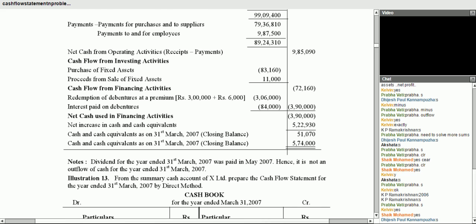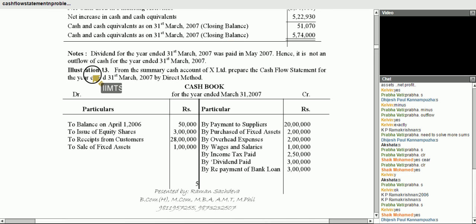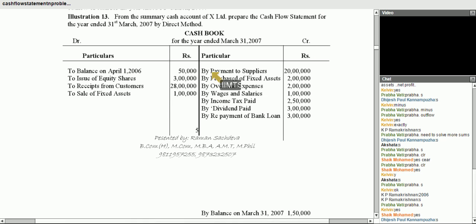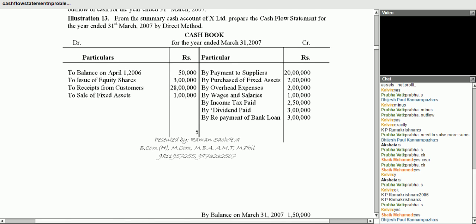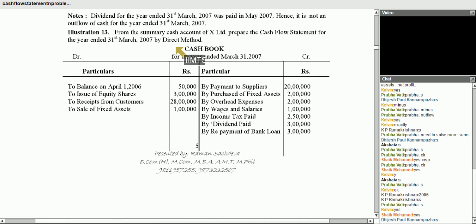Now this is one more question. You can take a look at this example number 13. From the summary cash account of X Limited, prepare the cash flow statement for the year ended on 31st March 2007 by direct method. These are the details given.